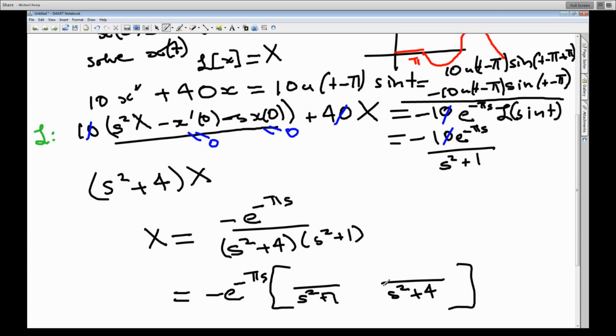In general, there's no odd terms at the top, so you can do it in terms of just s squared, a polynomial in s squared. So it could be a on s squared plus 1 plus b on s squared plus 4. Use partial fractions to simplify it.